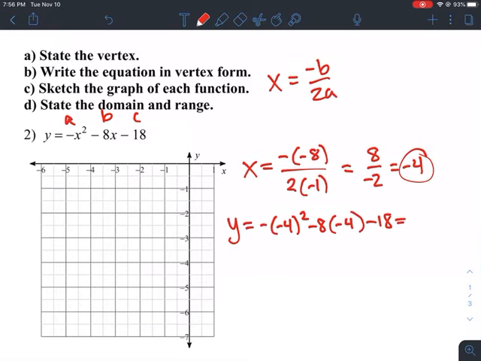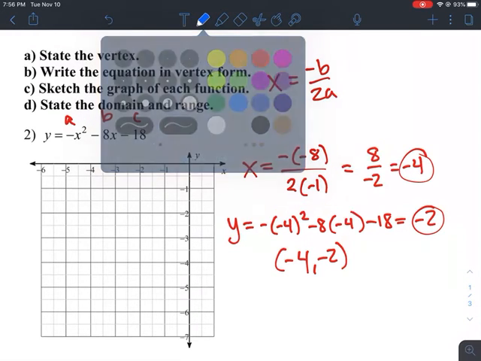So if you get a really big number, or a really small, super negative number, double check yourself. Anyway, so I end up with -16 plus 32, which is 16 minus 18, which is -2. So my vertex is the point -4, -2.